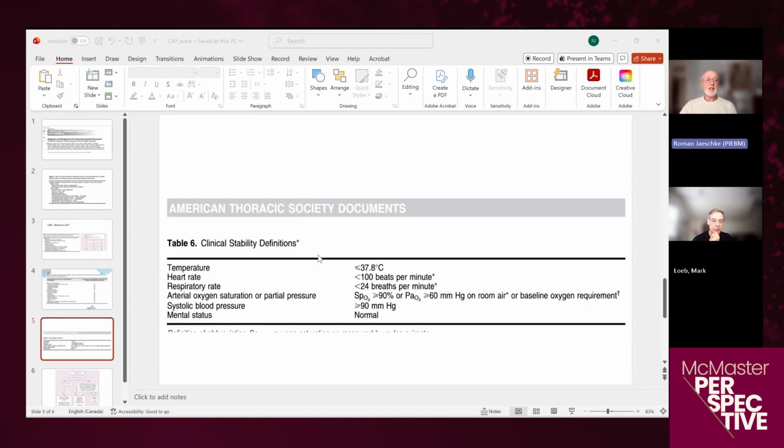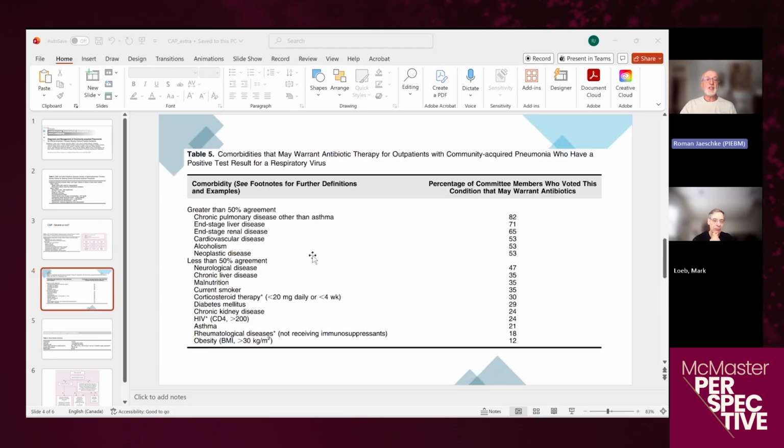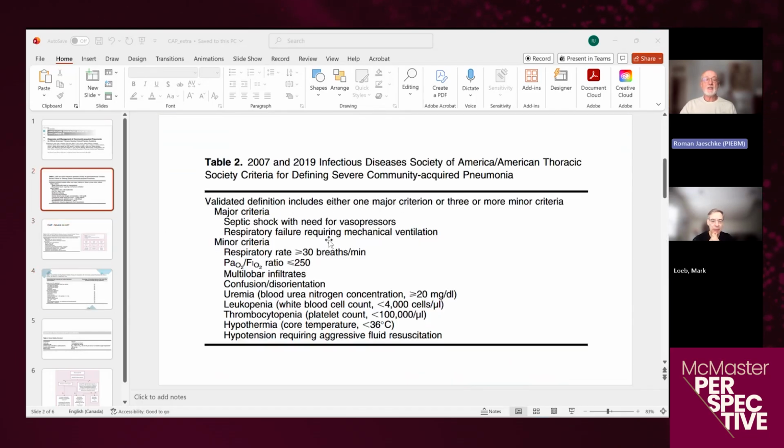And I think it may be relevant to put the criteria for stability, which is essentially an afebrile person who is not tachycardic, who is not breathing too fast, who is no longer hypoxic, who has respectable blood pressure, although I would say if your normal is 140, being 95 is a little scary, and normal mental status. So after going through those definitions, again, what is clinically stable, what is a comorbidity, how do we define severity?